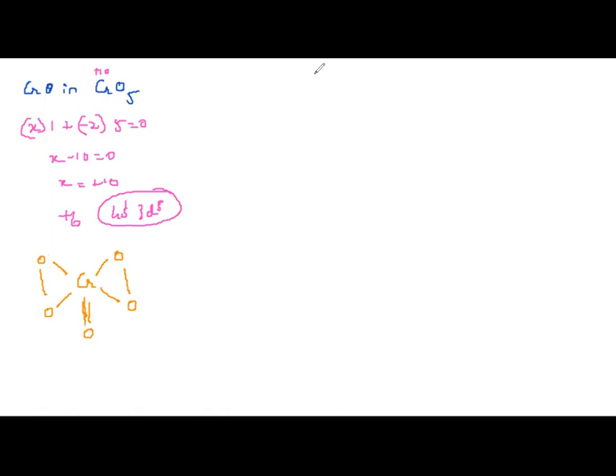So let us write the oxidation numbers here. This is peroxy linkage. This is also peroxy linkage. So -1, -1, -1, -1, and this is -2. This is X. Now solve it out. Chromium is X into 1 plus 4 oxygen atoms having -1 charge because they have peroxy linkage, into 4, plus 1 oxygen having -2, is equal to 0.